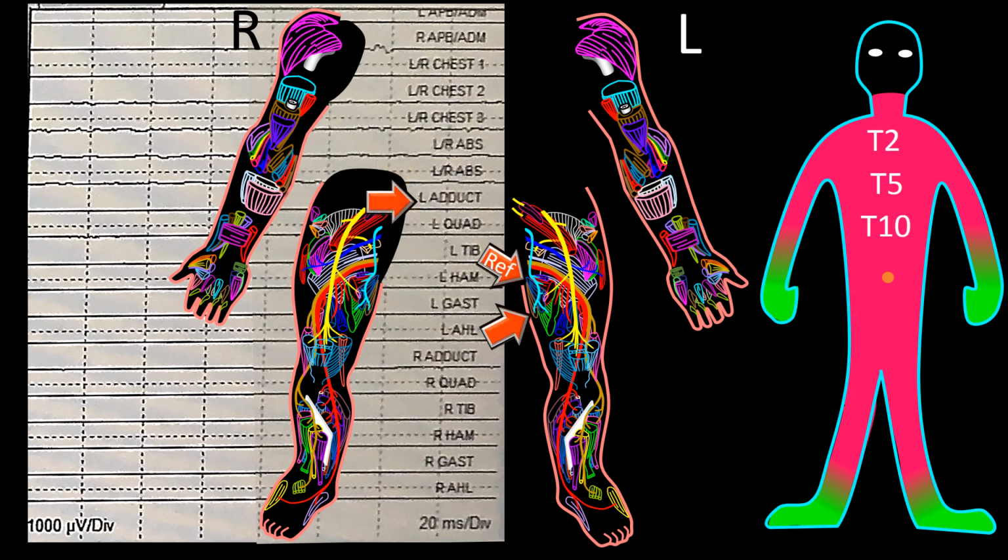In the legs, we monitor the left adductor by placing the searching electrode in the belly of the adductor muscles and the reference electrode in its tendon.